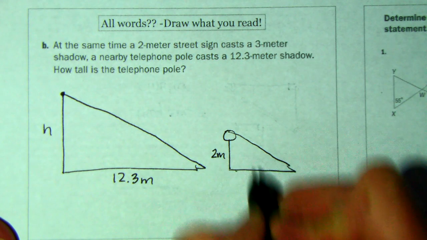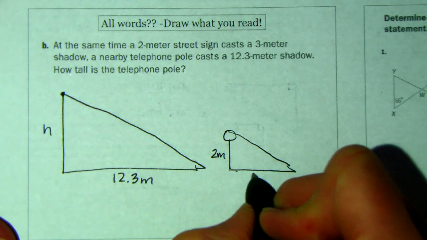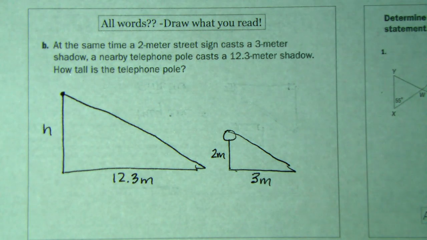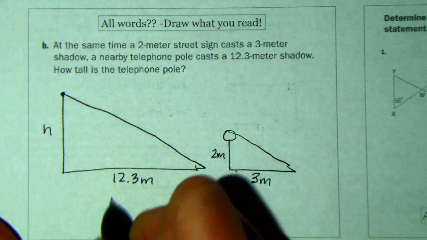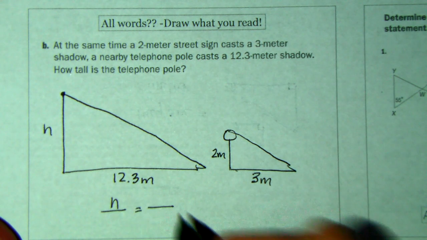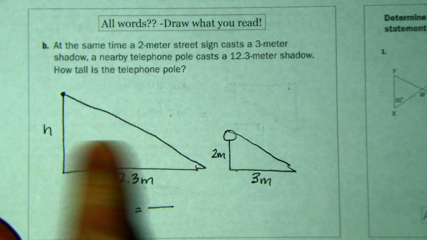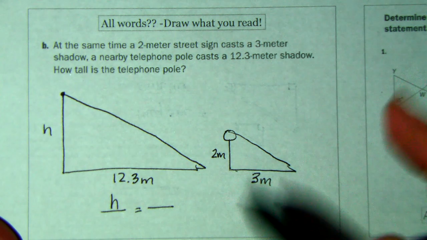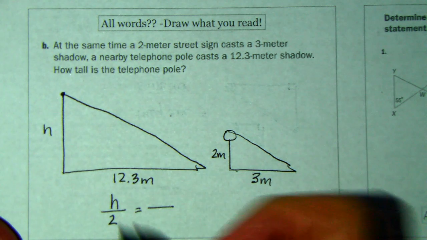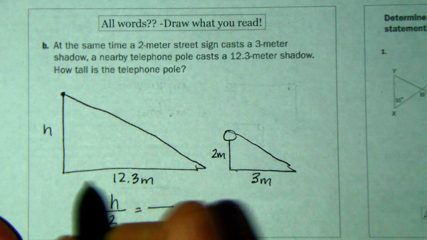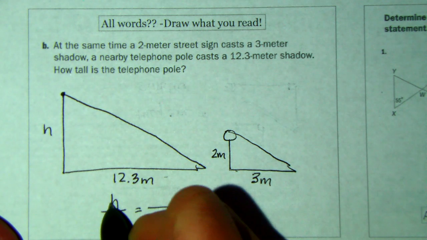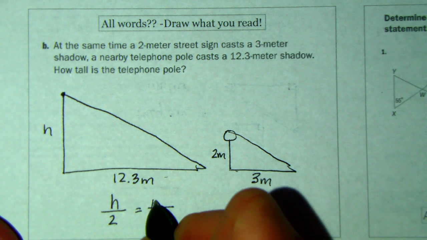Now we can set up our proportion. You don't have to, but I'd like to start with my missing one in the top of my first ratio. So H corresponds to the height of the sign, which would be 2. And then the length of its shadow for H, because I have to put that on top, 12.3, corresponds to 3. So I have 3H equals 24.6.